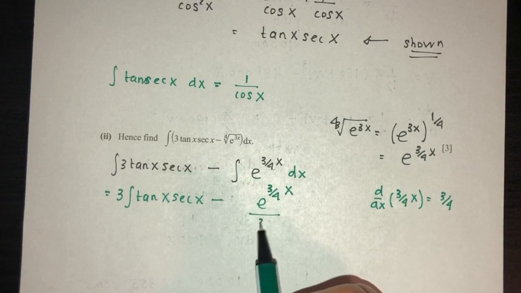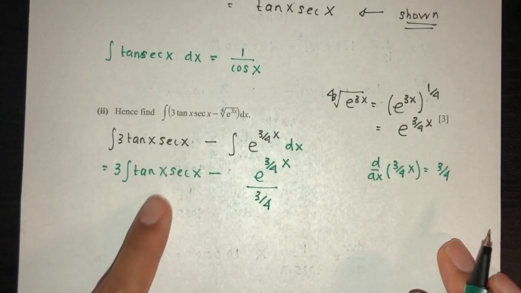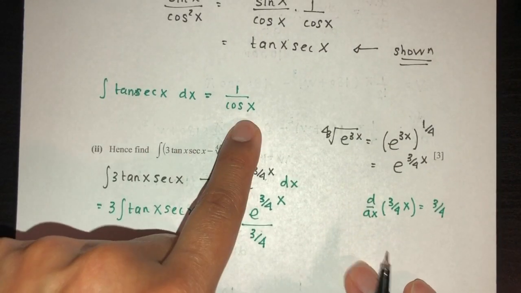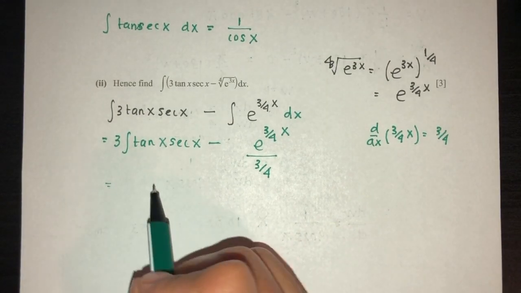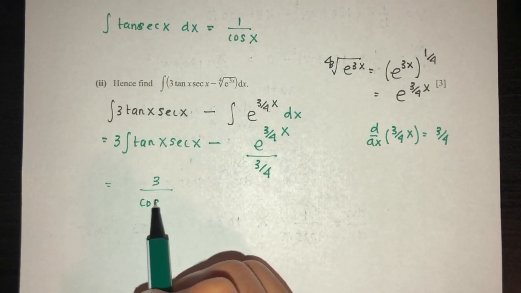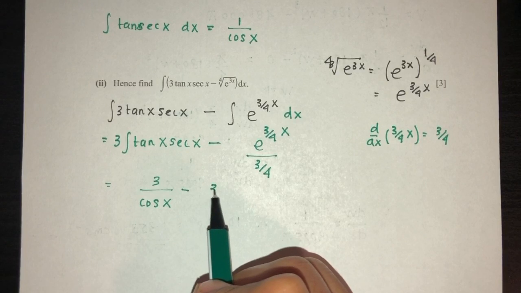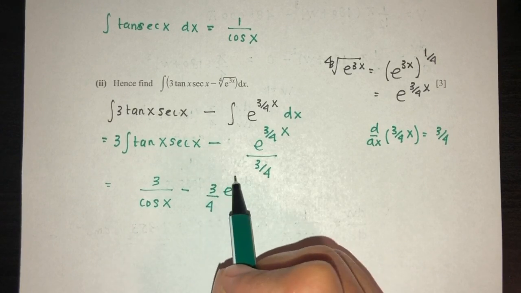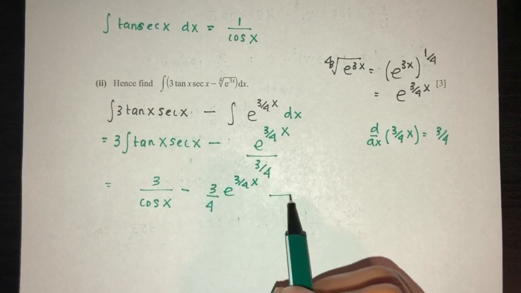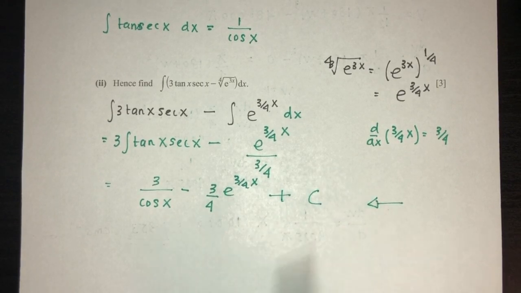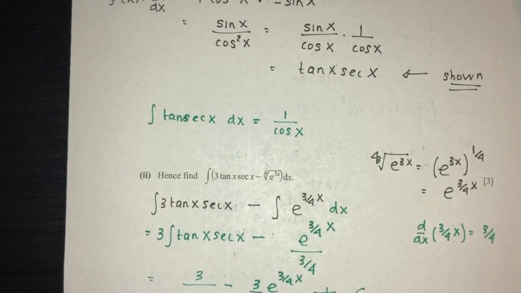So divide by that. And for this one, as you have seen, we have the answer here, 1 over cos x. That will be 3 over cos x minus 3 over 4 exponential this. And of course, plus c for your constant of integration. That will be your answer for part A of this question.